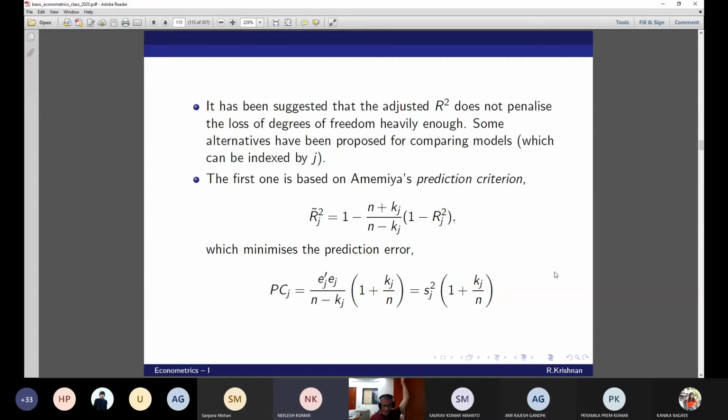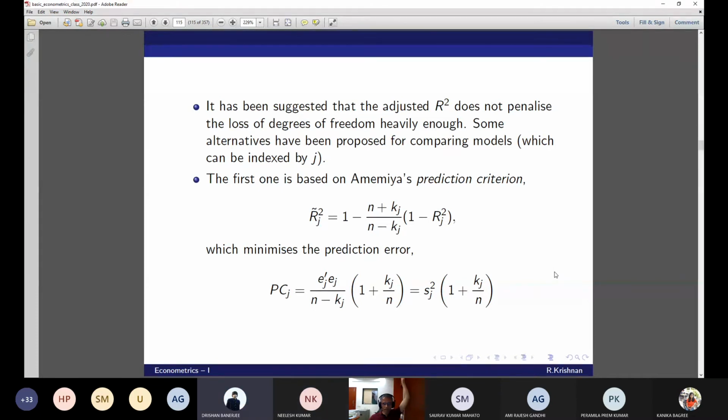So for the first model it will be K1 and for the second model K2. What will be the values? K1 will be the number of independent variables in the first model. And sir, what is Rj square?